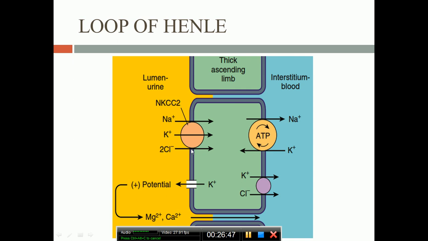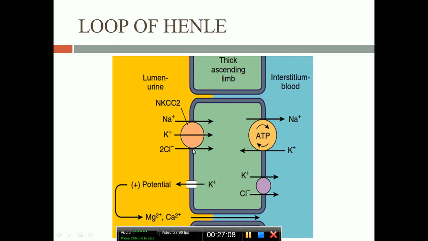If you go back to the periodic table, chlorine is placed in group 7 along with fluorine and bromine. So these have the same capacity to be reabsorbed here.